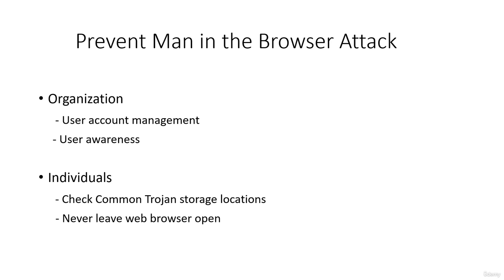Many man in the browser attack Trojans reside in the same locations on your computer, so check the following directories for any unknown applications. If you find anything unfamiliar, look it up on the internet and scan it with antivirus for your safety. The locations are common ones, like C:\Program Files, or C:\Windows\Temp.